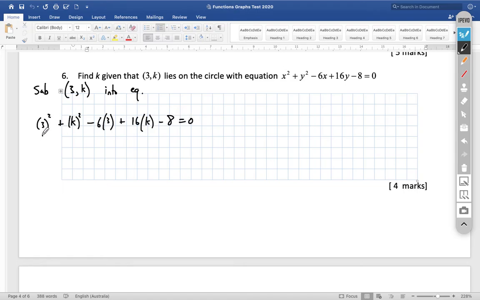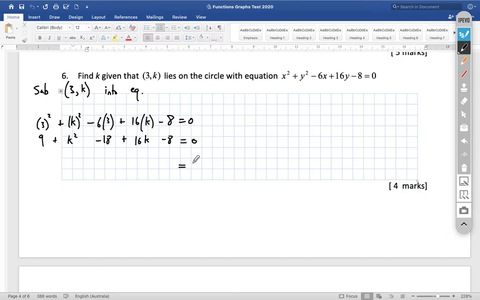So that's a number, that's a 9, that's a k squared, that's a minus 18, that's a 16k, that's a minus 8. So 9 minus 8 is 1, 1 minus 18, that's 17.